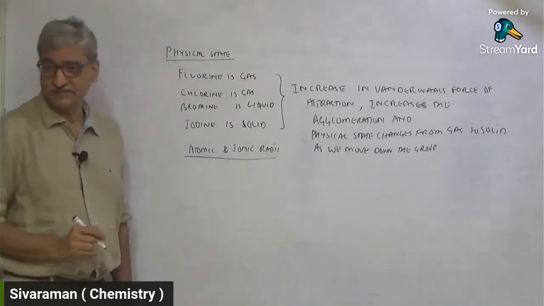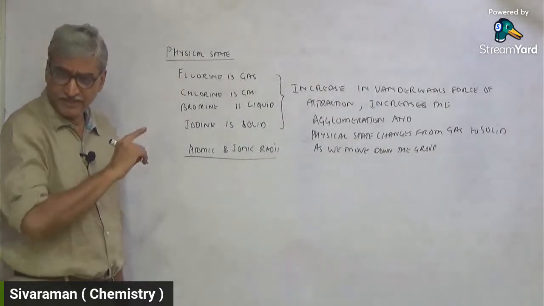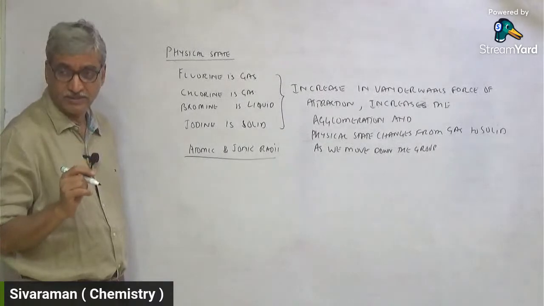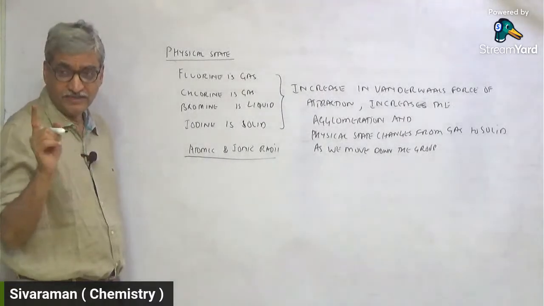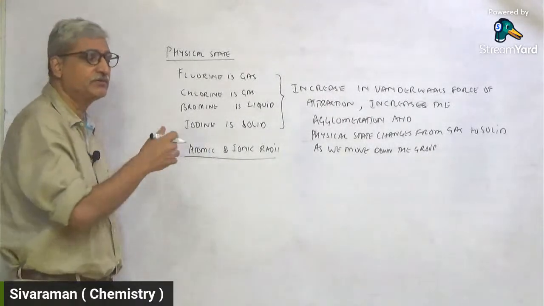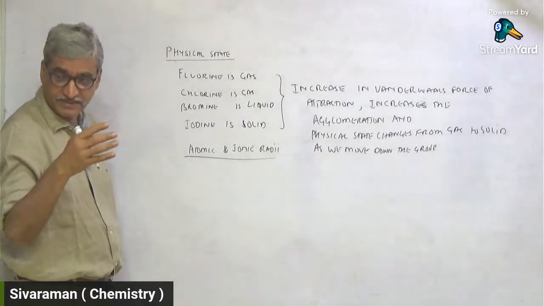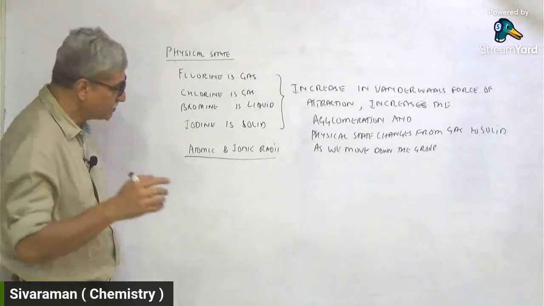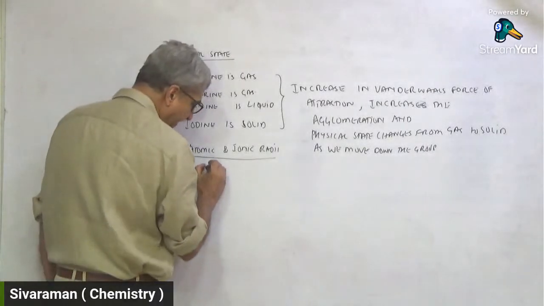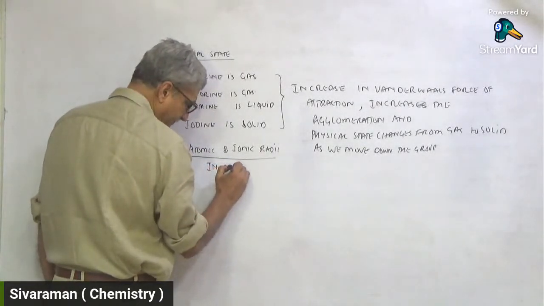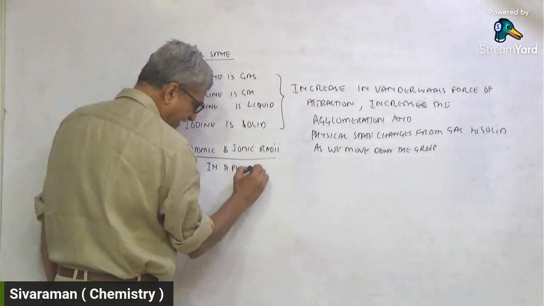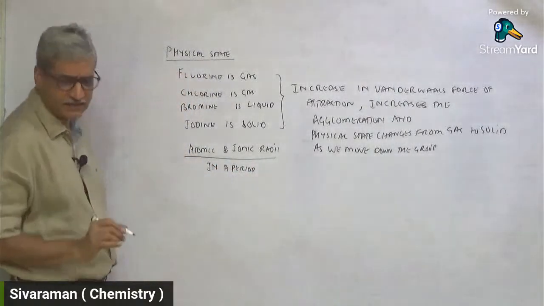So what happens is, in the period to which they belong, if you look at the atomic size, normally you will think, okay, the atomic size decreases. I'm talking about period, group, and then all that I'll talk.